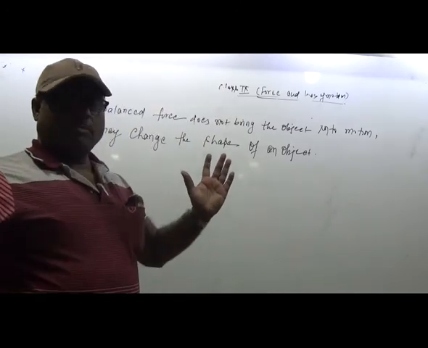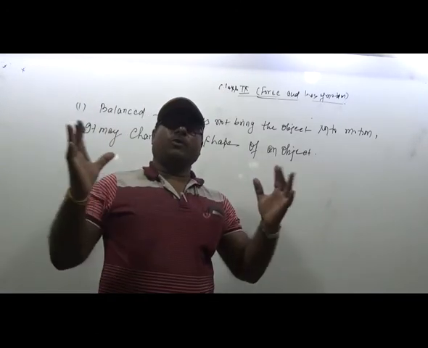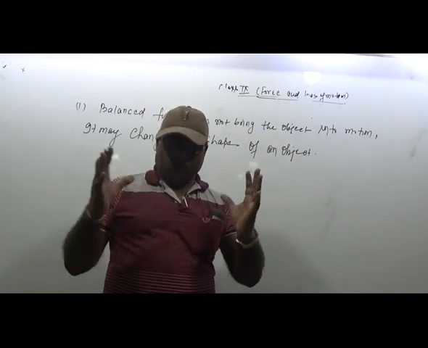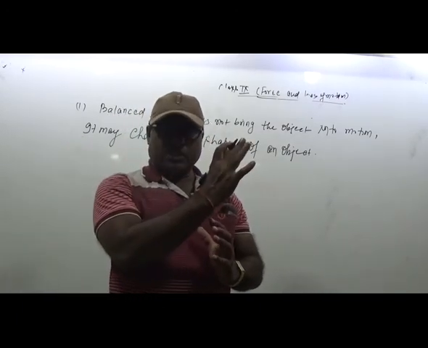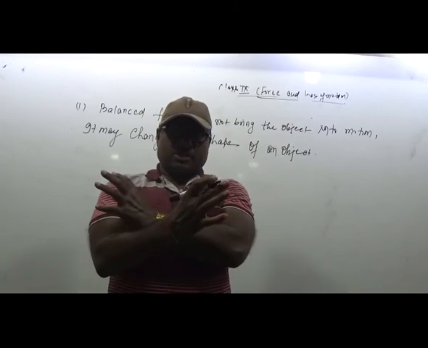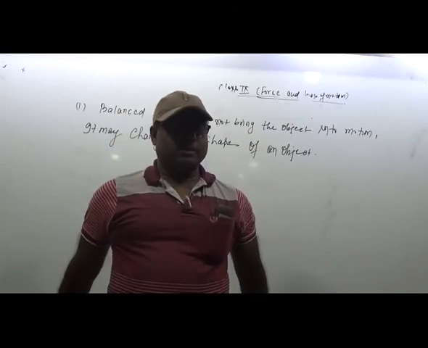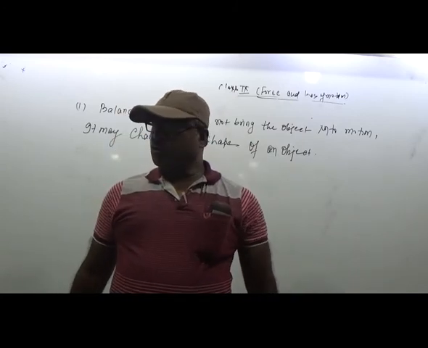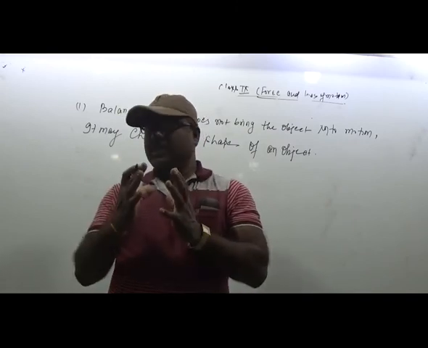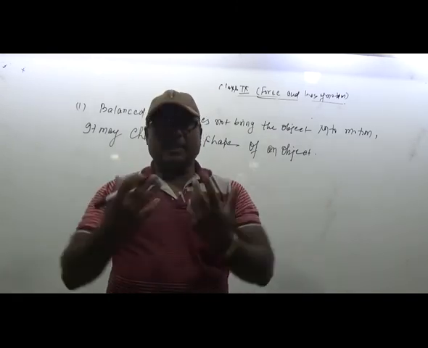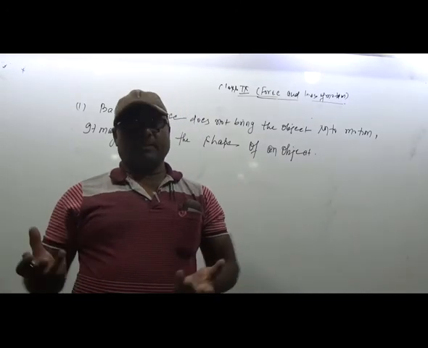So there is a ball and if we apply the force, two forces are working. Look here, this force is in one direction and this force is in the other direction. So two forces are acting having the same magnitude.